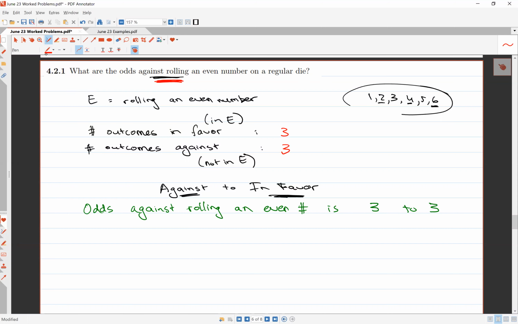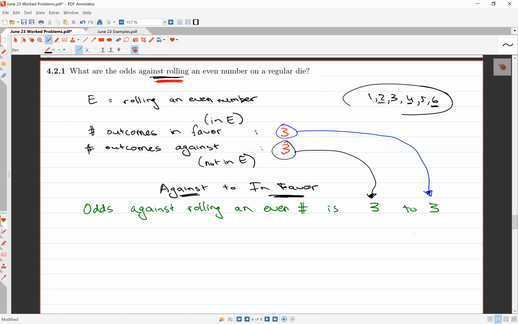And so I know the numbers are the same in this case, but it's the number against, I list that first, and then the number in favor, I list second. But also very important, when you're listing odds, you want to make sure the numbers you're listing do not have any common factors.